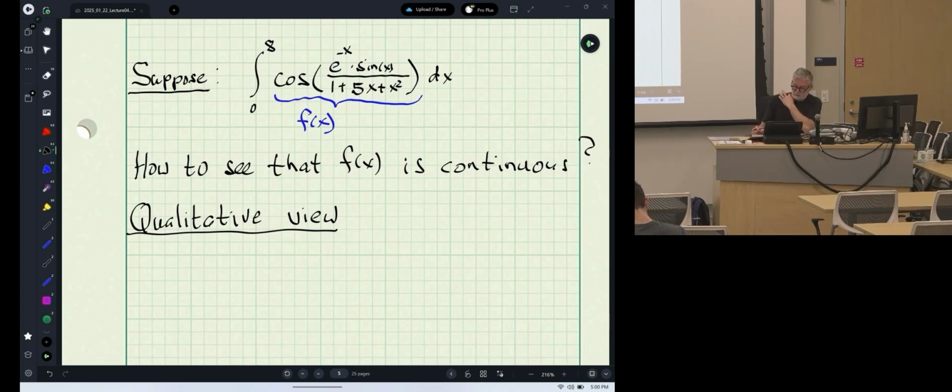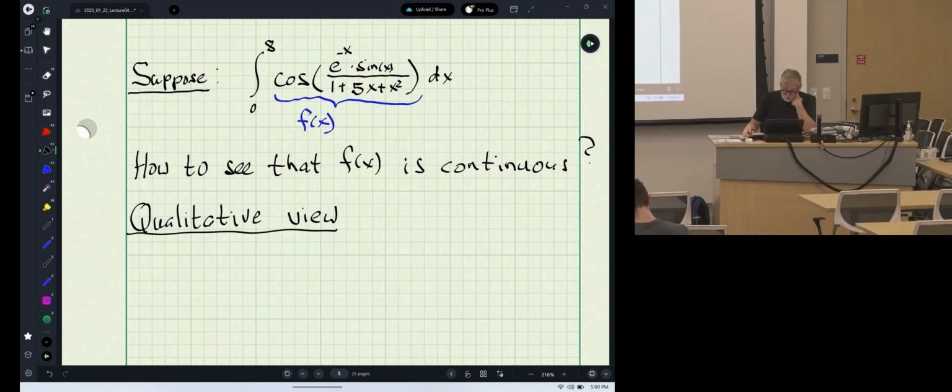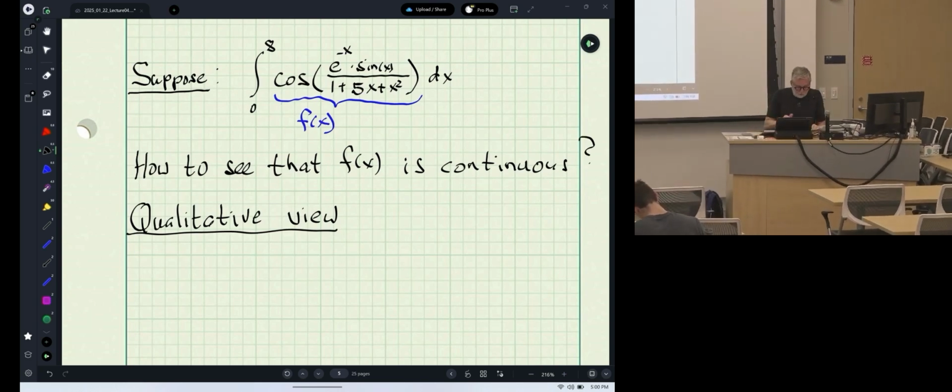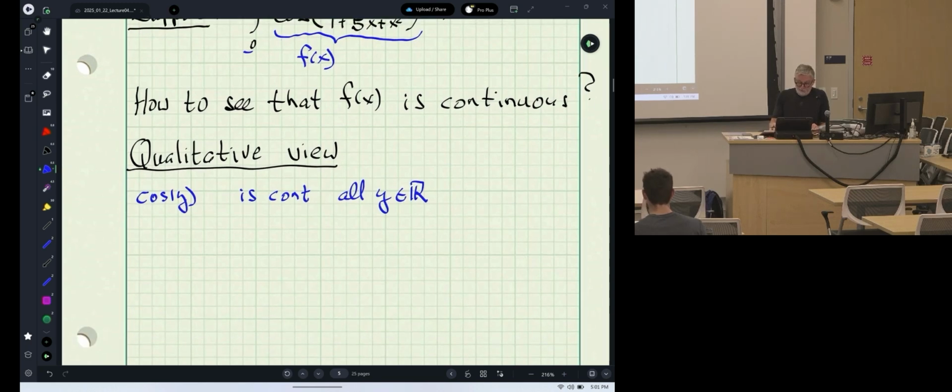Okay, so this function consists of the composition of what you might identify as 3 to even 4, 5, 6 different functions if you want to break them all up into the individual things, okay? So the first thing to look at is that cosine of y. We know what that looks like, and it's continuous for all real numbers. And so we're good on that interval 0 to 8. So this is continuous on that.